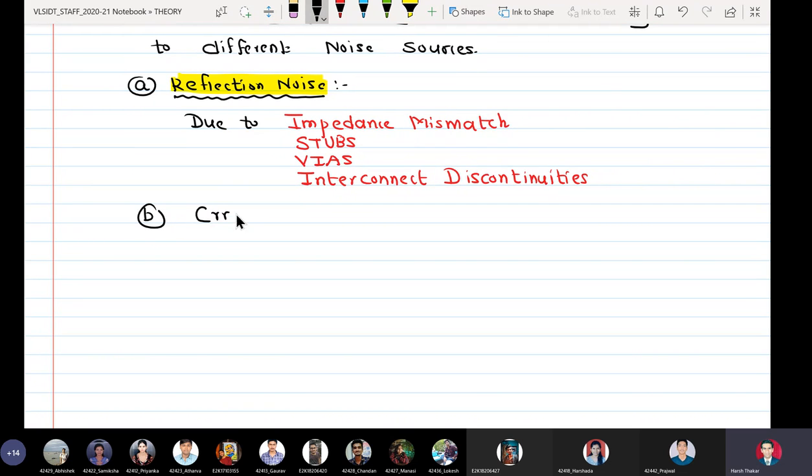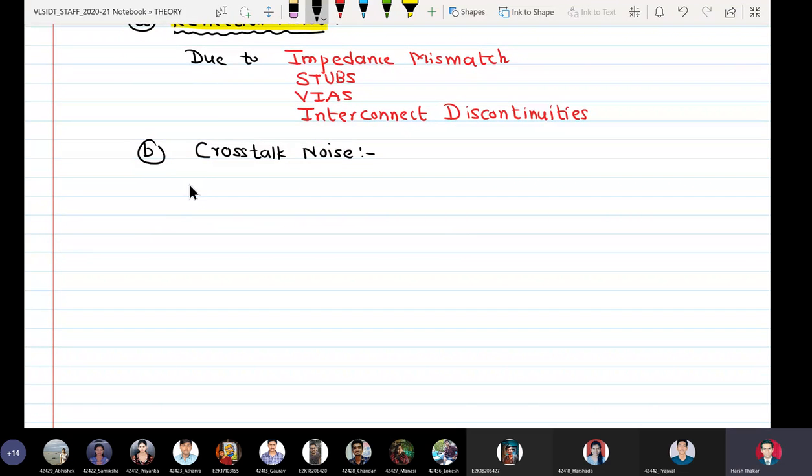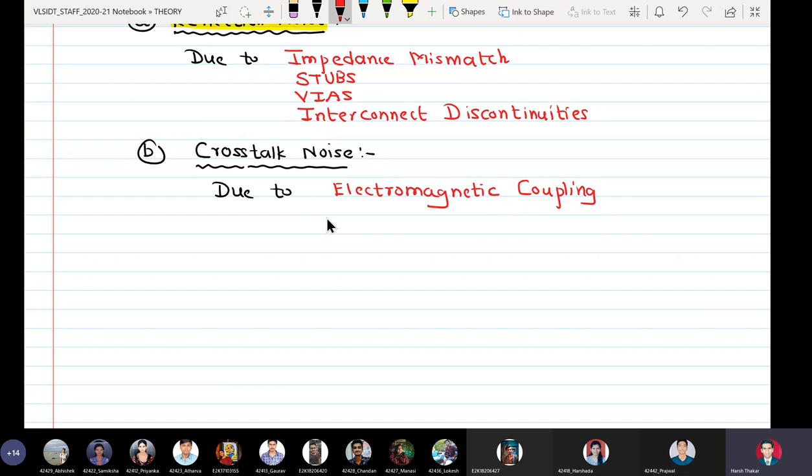Second is called crosstalk noise. It's not traces, it's tracks, signal tracks.